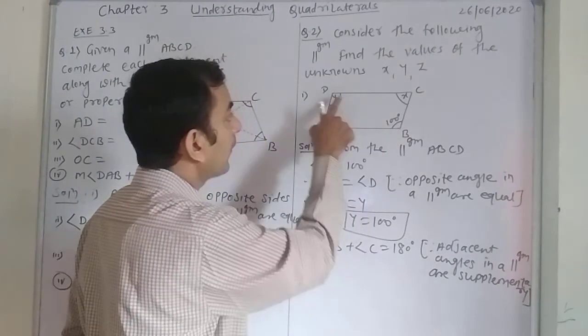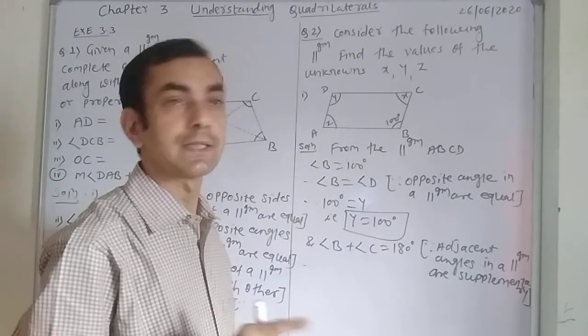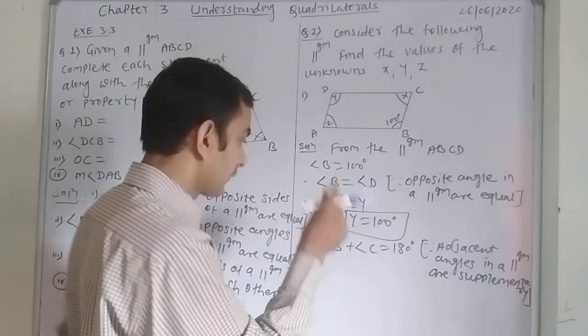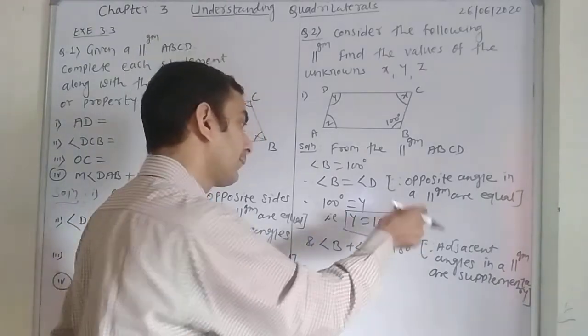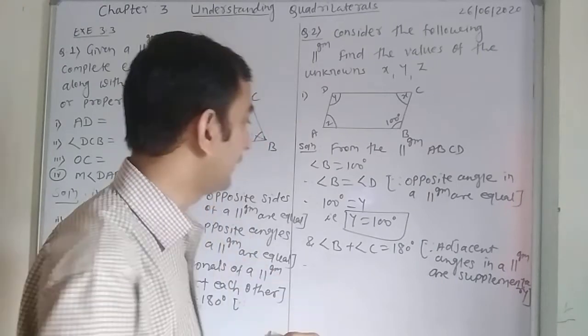Angle B and angle D are opposite angles. Angle C and angle A are opposite angles, and angle B and angle C, what are they? Both are adjacent angles. Therefore, this angle B plus angle C equal to 180 degree. Because by the property, these adjacent angles of a parallelogram are supplementary.